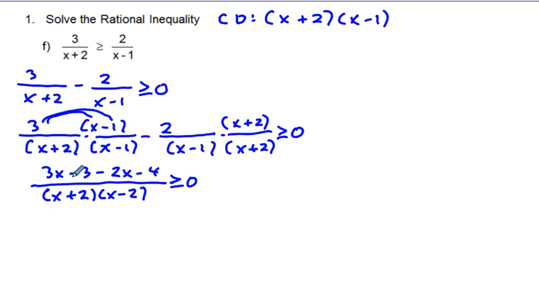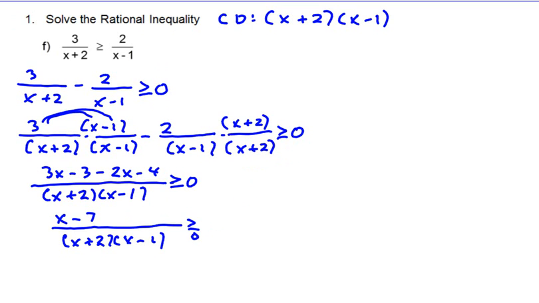And finally we have 3x minus 2x, which is x, and negative 3 minus 4, which is minus 7, over quantity x plus 2 times quantity x minus 1. And I've made a little transcription error here. Let me fix that. It's going to be minus 1 right there. Okay. And all this is greater than or equal to 0.